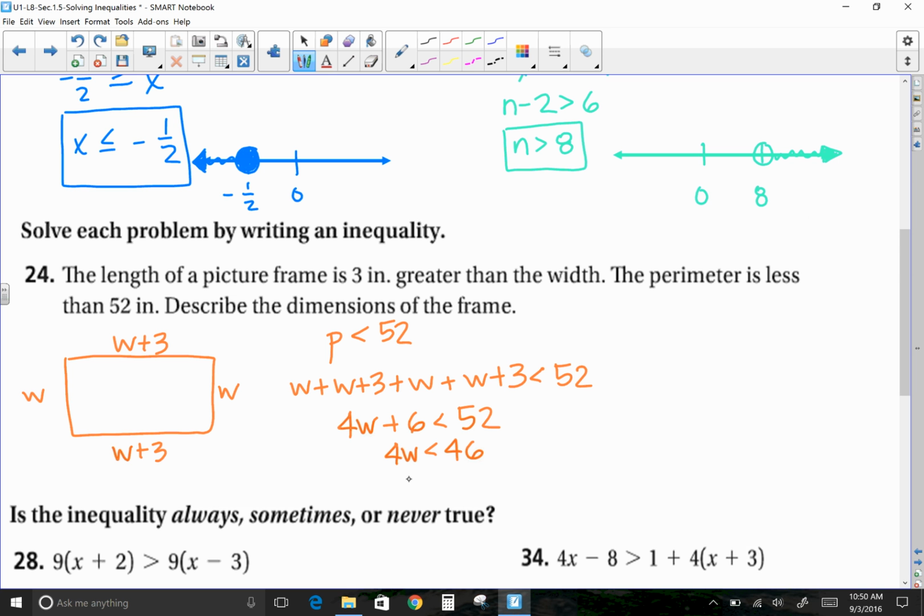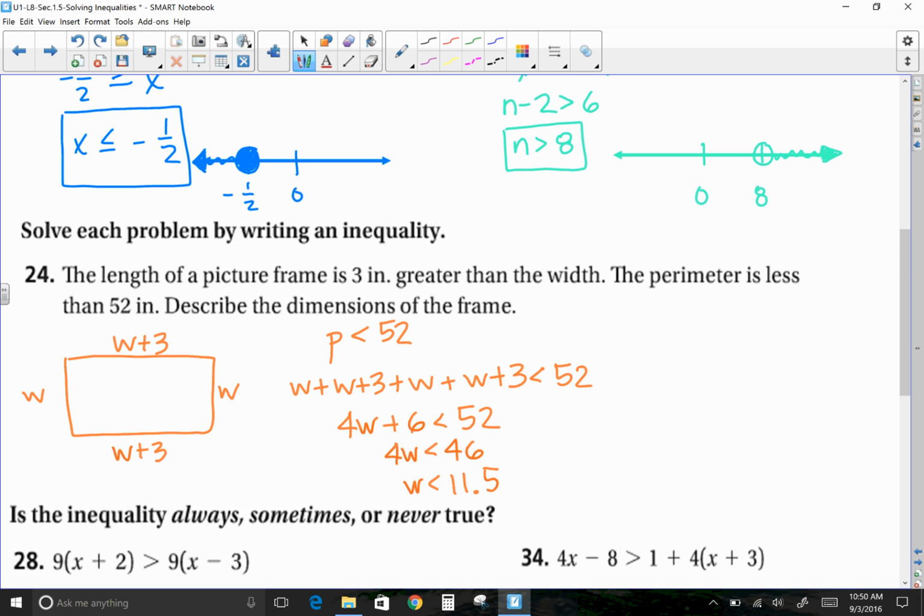And then I divide by 4, and 4 goes into 46 11 times, with 2 left over, and 2 out of 4 is half. 11.5, or 11 and a half, if you want to write 11 and a half. So we have that w is less than 11.5.